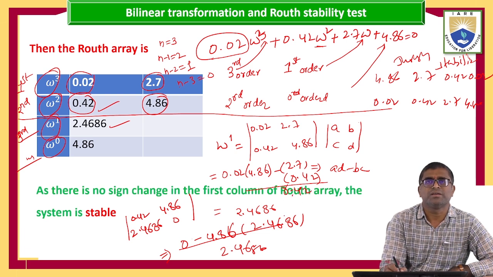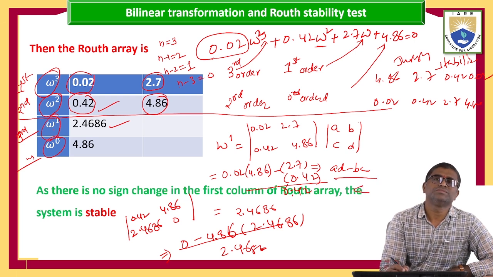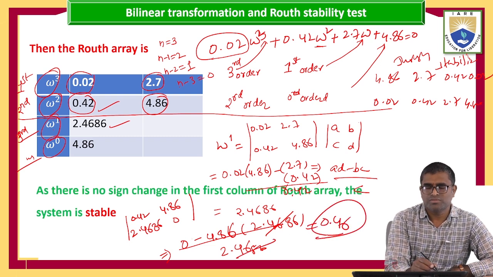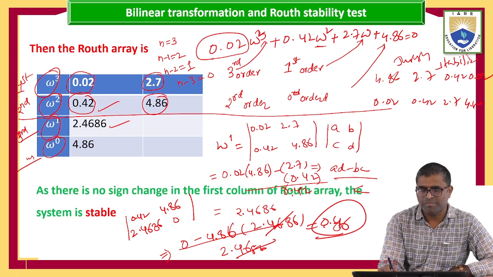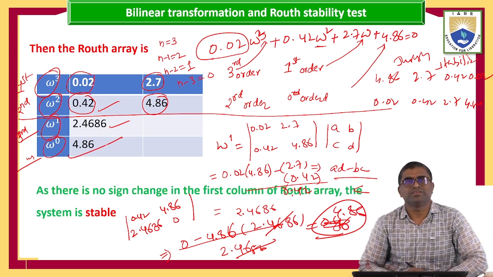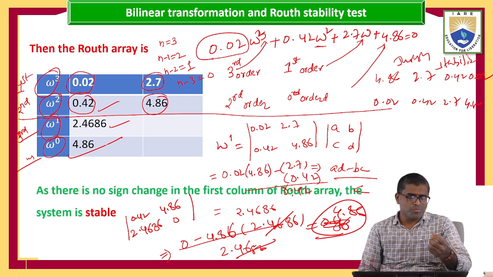So AD minus BC divided by which value? That is the C value. So this one and this one cancel, and we got 4.86. Okay, 4.86.